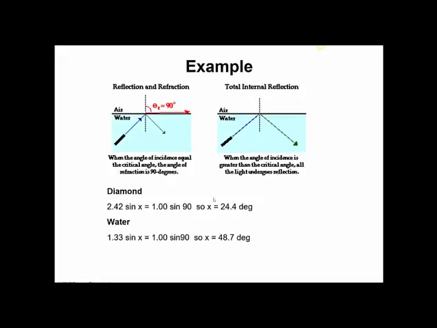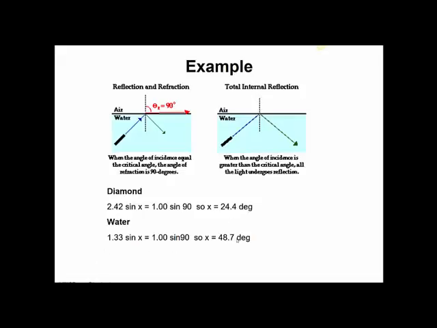And if it does that, then it'll bounce right back inside the diamond and just stay trapped in the diamond. That's why diamonds are so pretty. You can make it even better if you put some facets on it. Diamonds that have lots and lots of facets, corners that are shaved off, are much more likely to take advantage of that internal reflection and be really bright and shiny and sparkly.